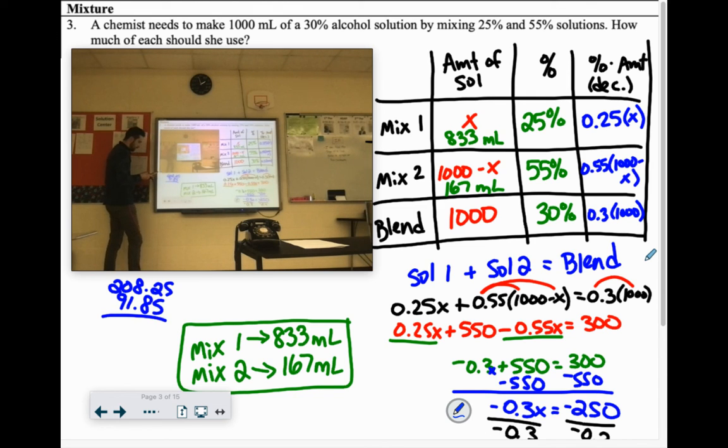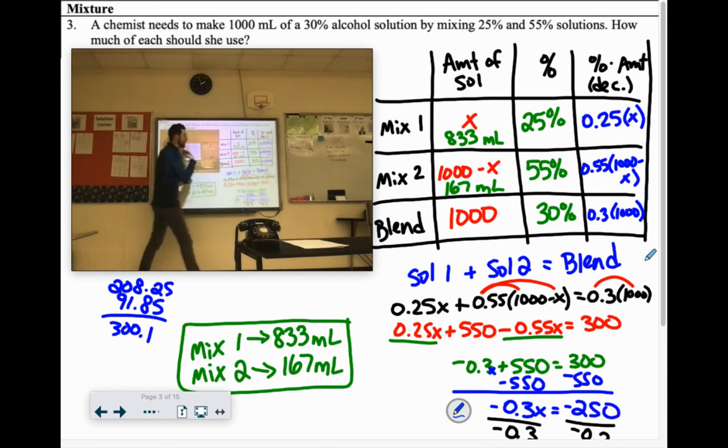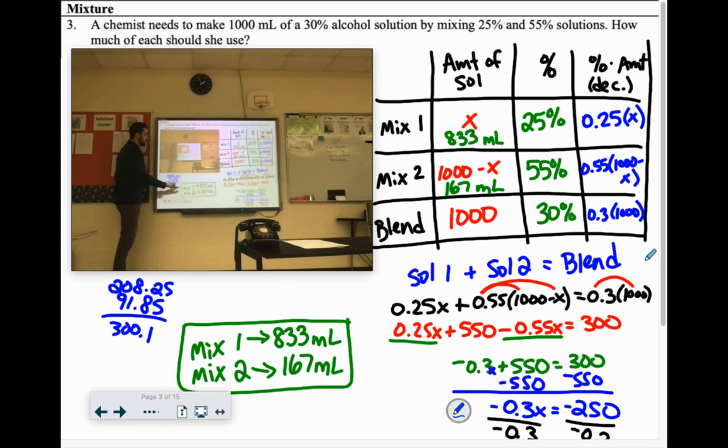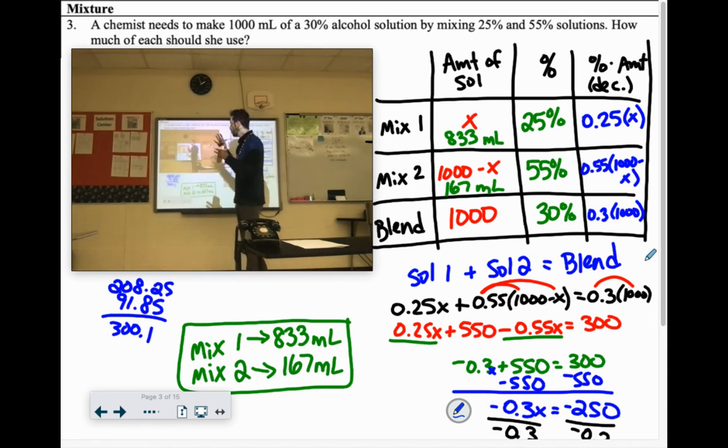If we add these up, it comes out to 300.1. Now look at our total mix, the blend. 1,000 times 30%, 0.3 times 1,000 is 300. So we ended up with 300.1, but again, that was just because of the rounding. So it all works out.